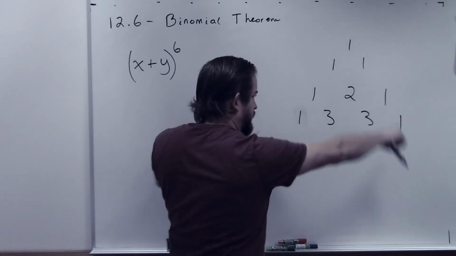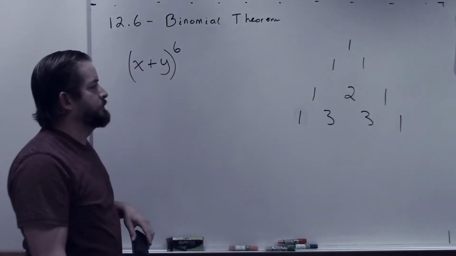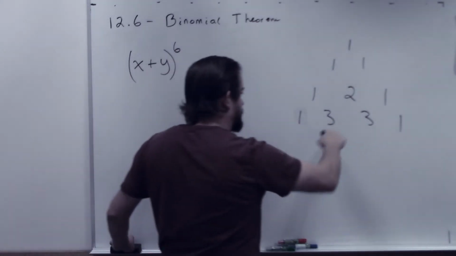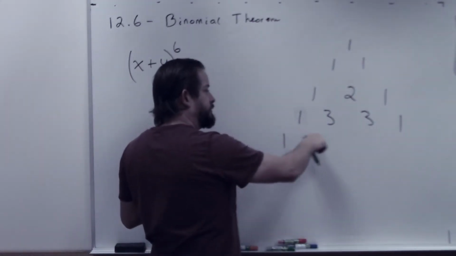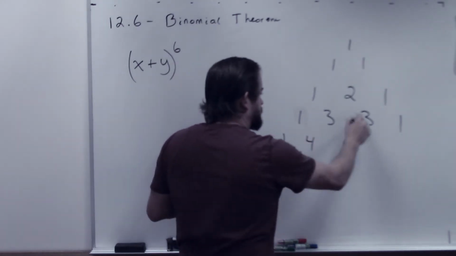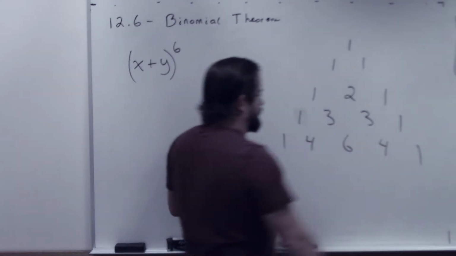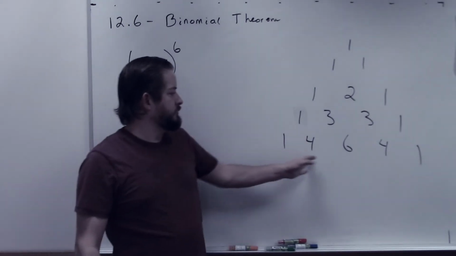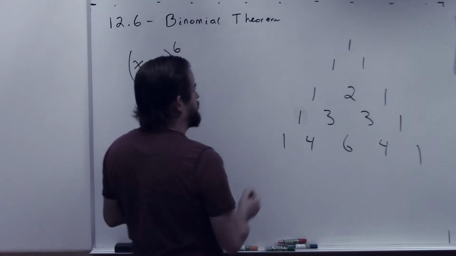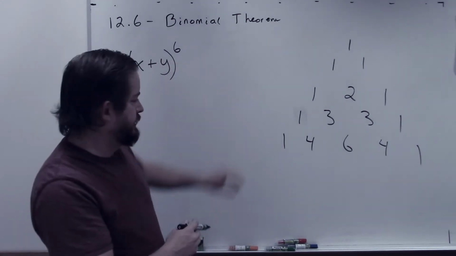So you get the triangular 1s down the edges of your pyramid here, and then the next row is just determined by the sum of the 2 numbers above it. So 1 and 3 is 4, 3 and 3 is 6, 3 and 1 is 4 again. And you'll note a symmetry, right? The first numbers get mirrored by the last numbers. But let's keep going here. I'm going to need to make this small.